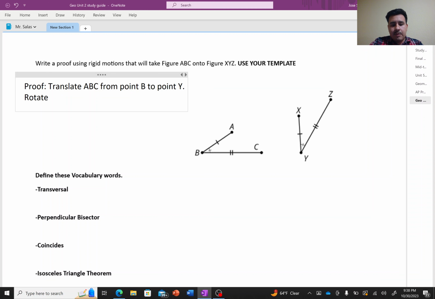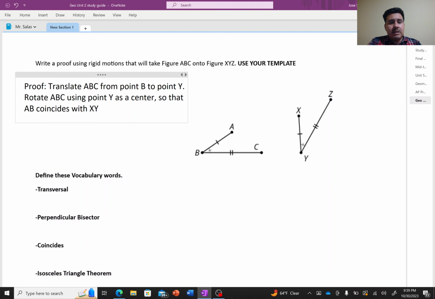Rotate ABC using point Y as a center, so that AB coincides with XY.